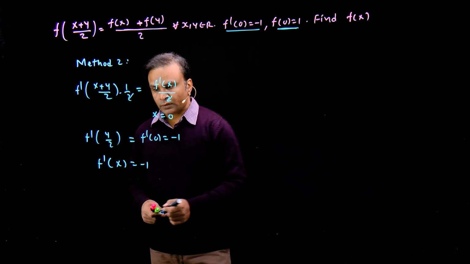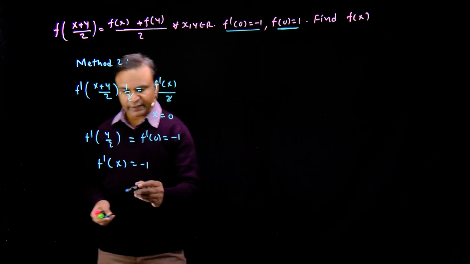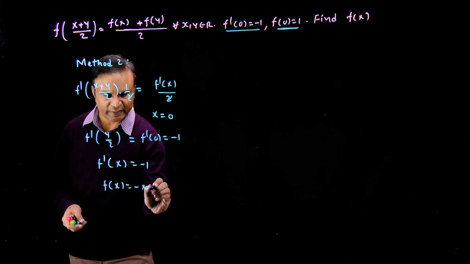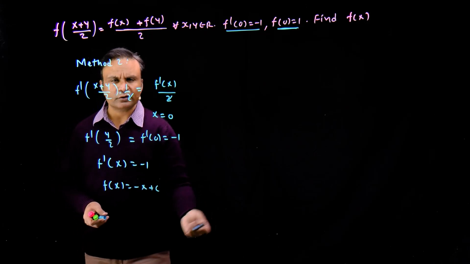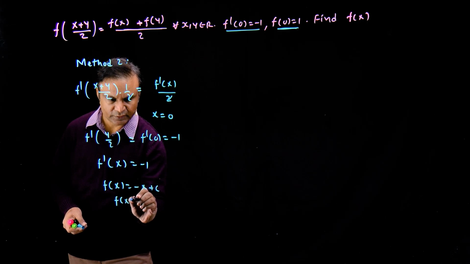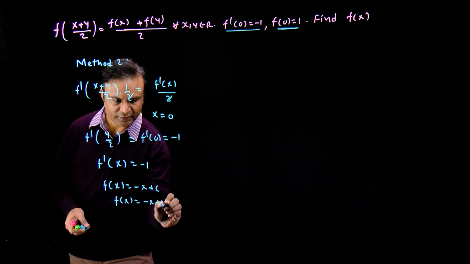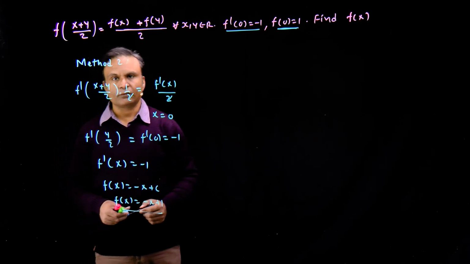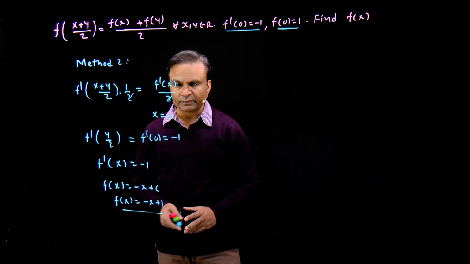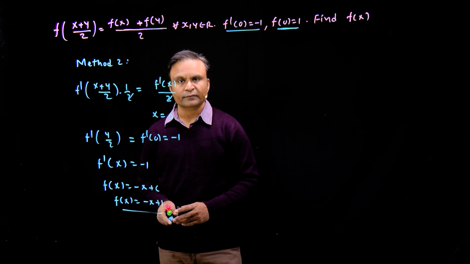Okay. Now we will integrate this. So we get fx is equal to minus x plus c, and we already got the value of c, which is 1. So function fx is equal to minus x plus 1. So this is simple method for this question.